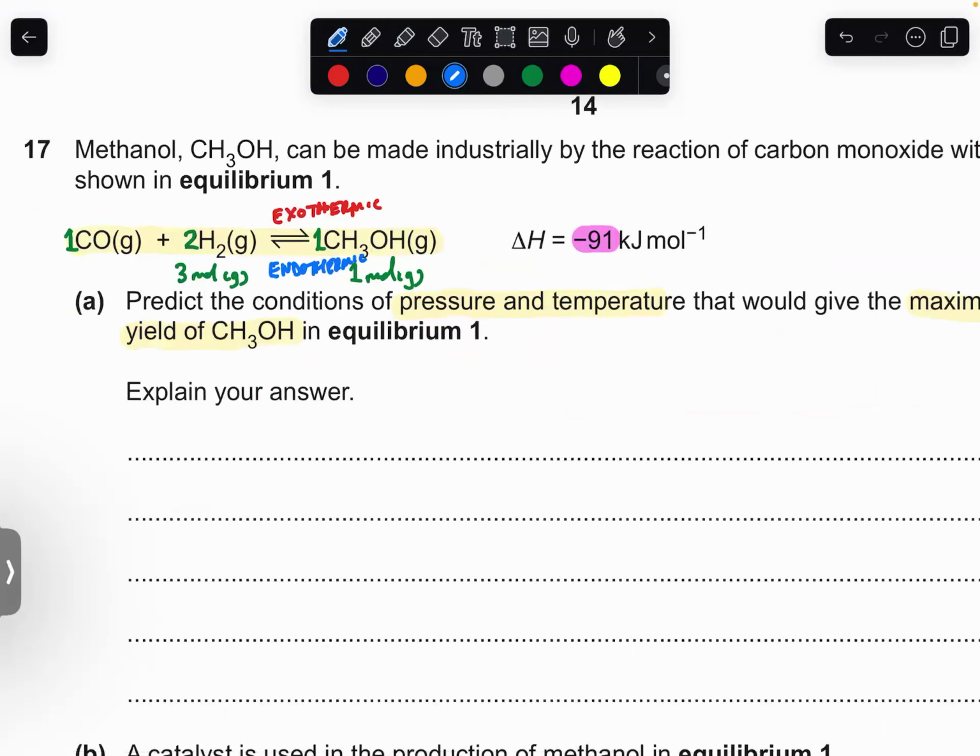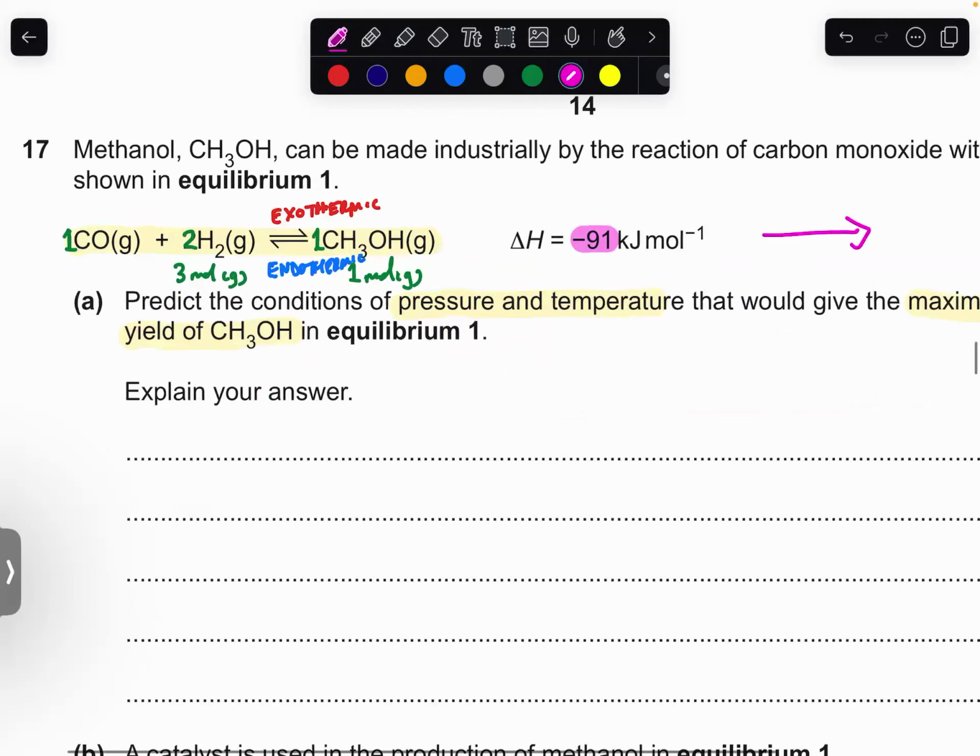We want the equilibrium to shift to the right-hand side. And the only way it can do that is by using a high pressure. Why high pressure? As there are fewer moles of gas on the right-hand side.